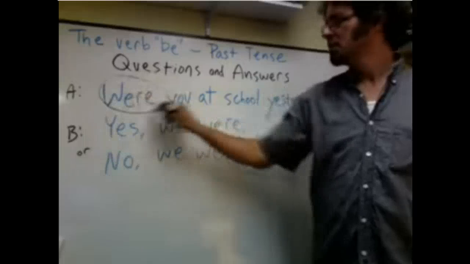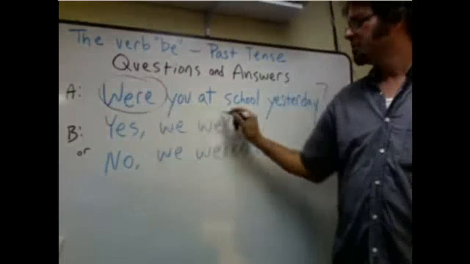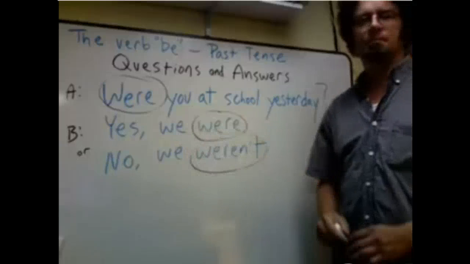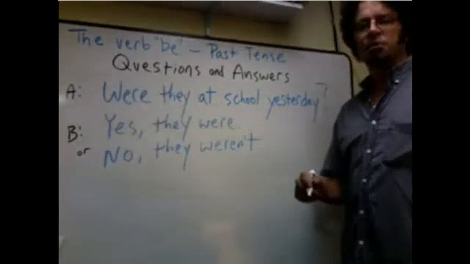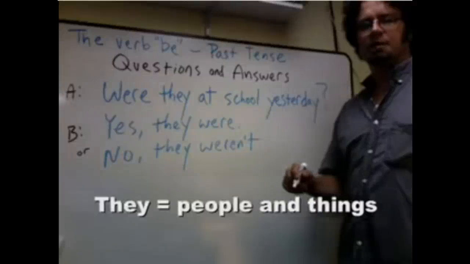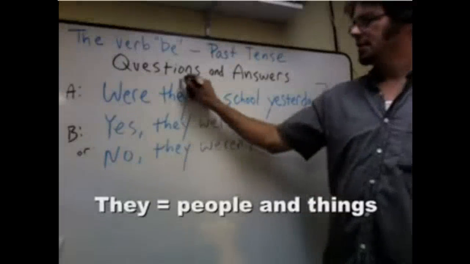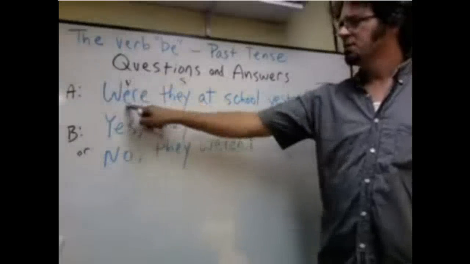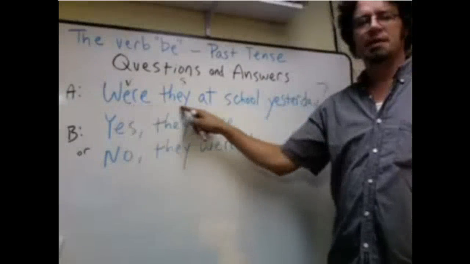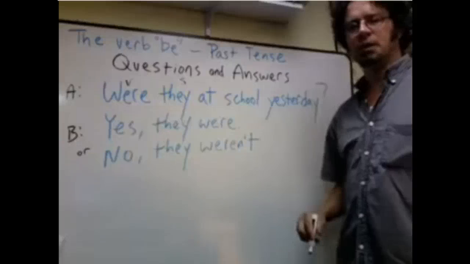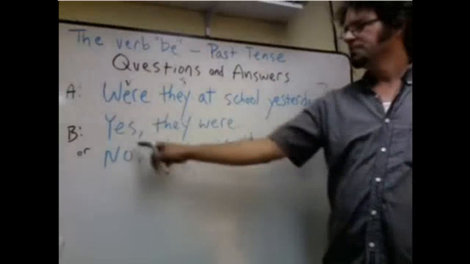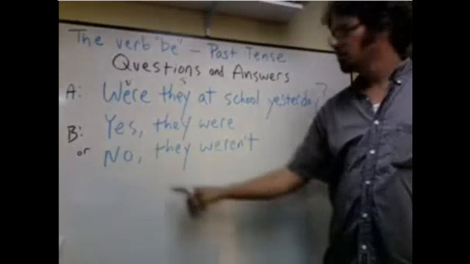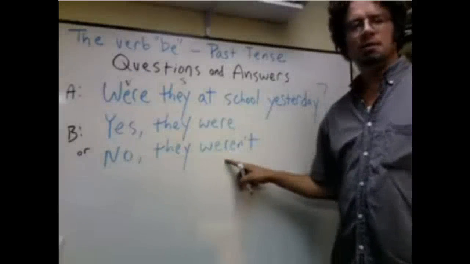Here's the verb be, and here's the verb be. The plural subject for people and things is they. Question, the verb first. Were they at school yesterday? Answer: yes, they were, or no, they weren't.